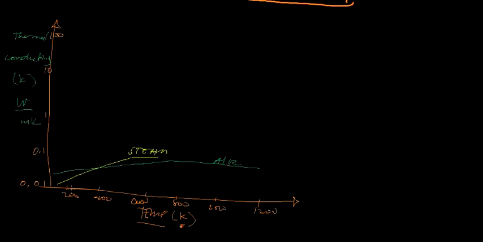So as you can see here, as the temperature varies, the thermal conductivity of, say, our material is air, then as you can see, the thermal conductivity varies with different temperature as well as the steam.